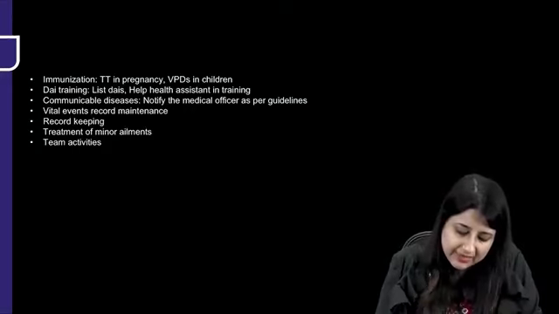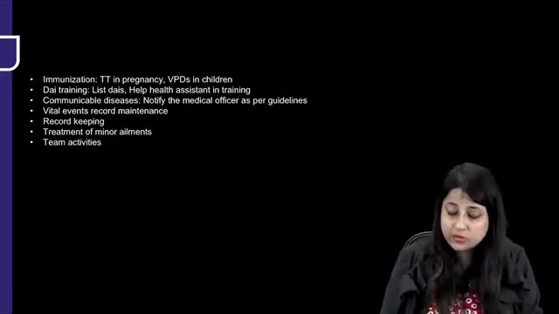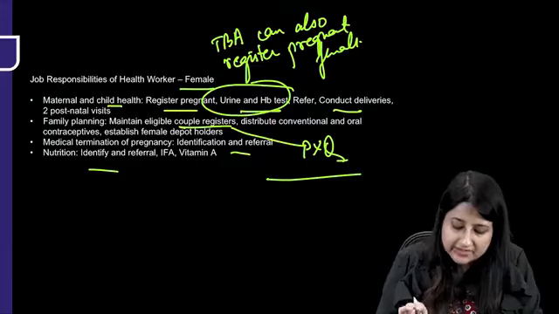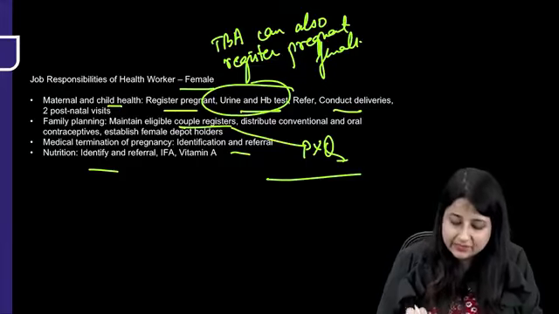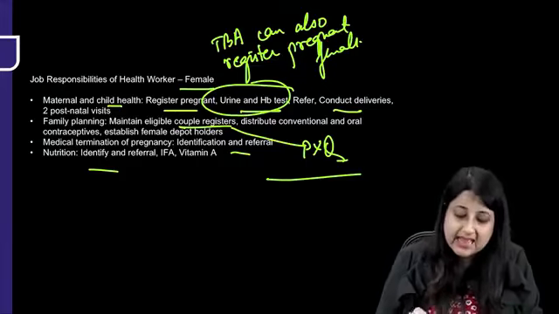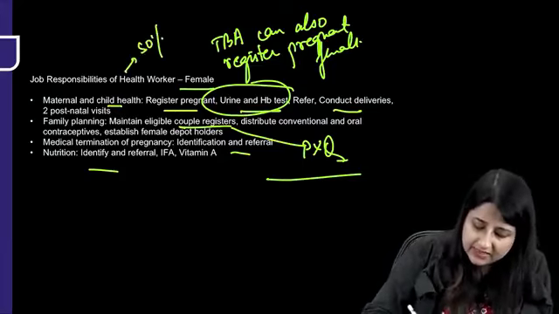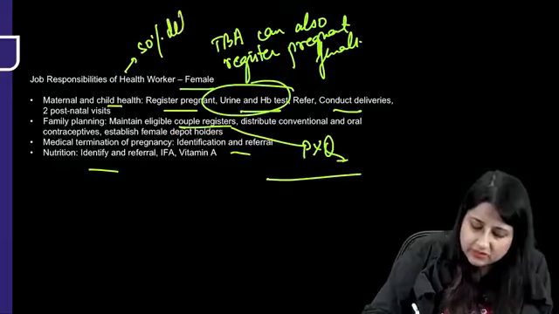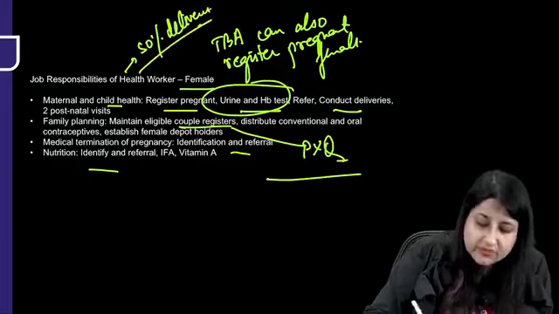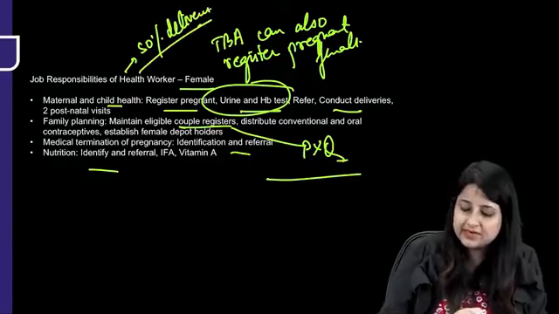Vital event record maintenance, record keeping, that is important. But most important is register pregnant female, conduct delivery, maintain eligible couple register. And at any one point of time, health worker female should be able to conduct 50% of deliveries.